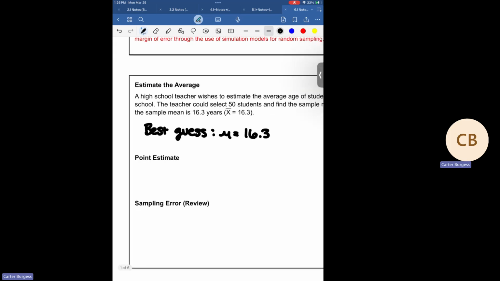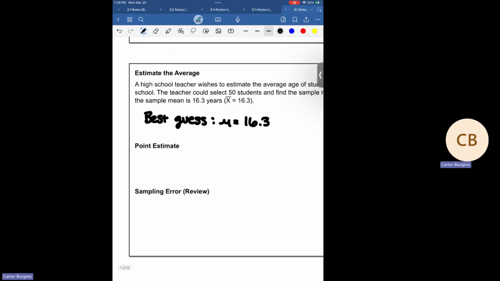Now, this 16.3 is what is called a point estimate. And thinking about this as being kind of like the best guess that we could have is not a bad way to think about it.